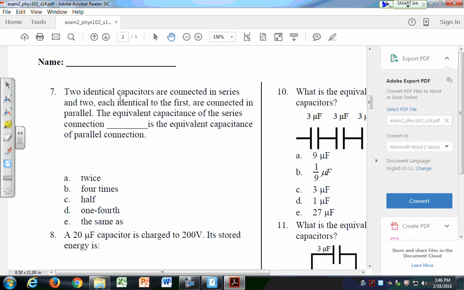So the first is 2 in series, C and C. The second is 2 in parallel, C and C, like this. I want to know, what is the relation of 1 to 2? Is 1 twice, 4 times, half, 1/4, or is it the same as the other?